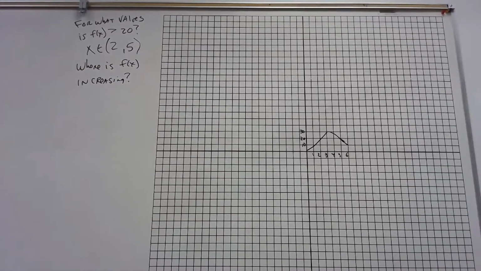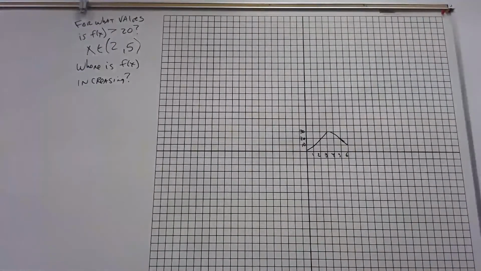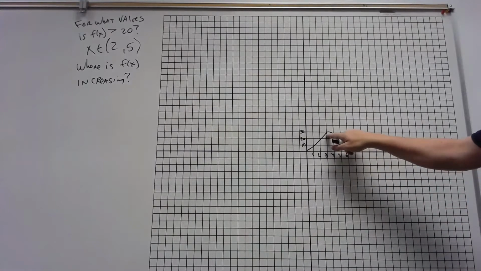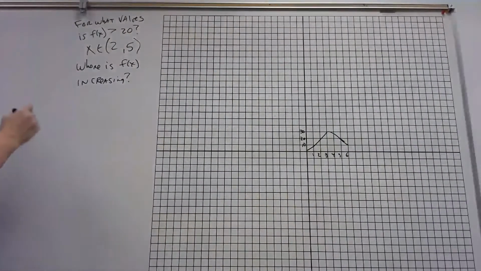Reagan, I remember your name. Where is the function increasing? All the way until, is it 3 or 4 on the graph? That's 3. So it's increasing.